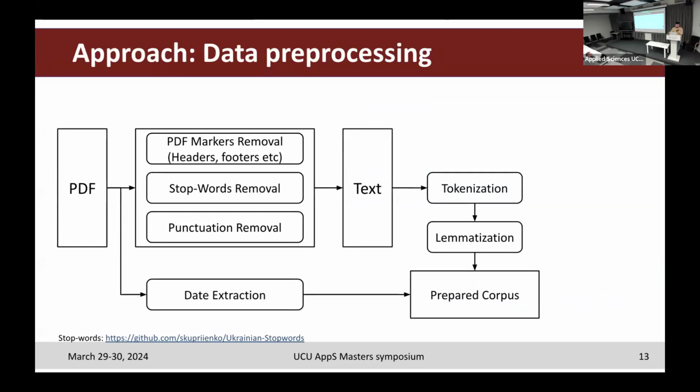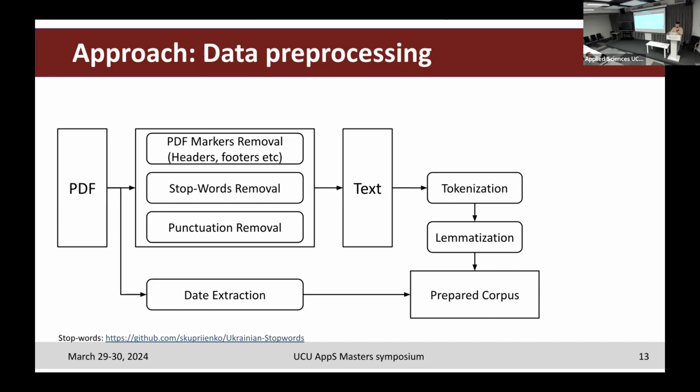So what is the full approach of all this work? As I mentioned, we had these PDF documents. What do we do after the collection process? We convert these PDF documents using the PyPDF framework into TXT format.